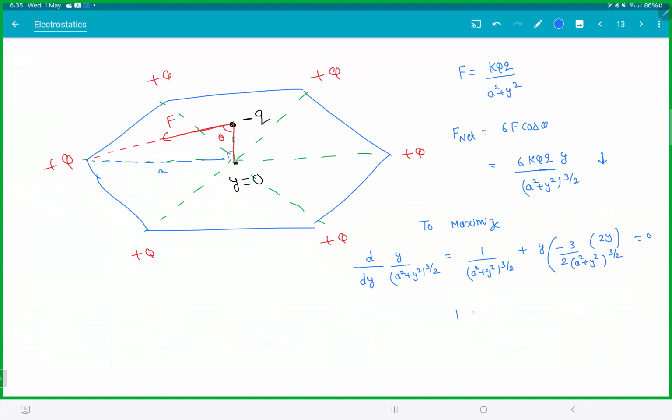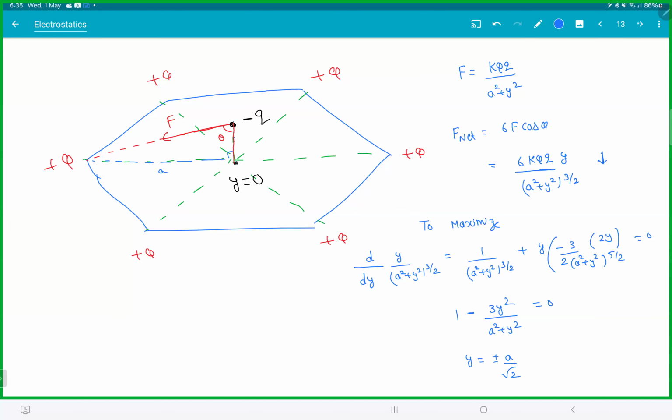This gives minus 3 Y square by A square plus Y square to the power 5 by 2 is equal to 0. So we get y is equal to plus or minus A by root 2. Got this? A by root 2.